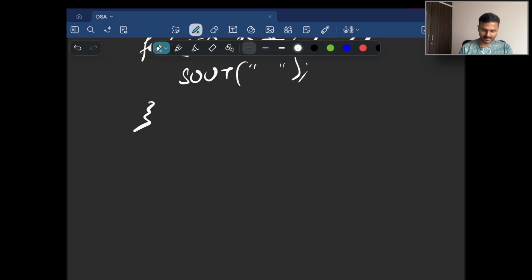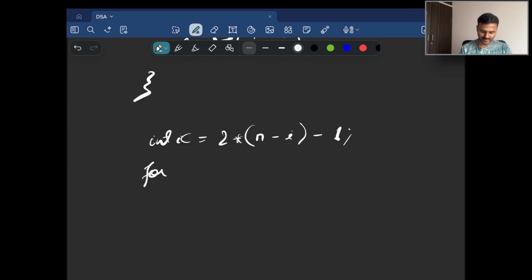And the number of iterations required can be determined by this. It would be 2 multiplied by n minus I minus 1, right? And for now, let's just put the variable as iteration count, which is IC. And what we are going to do next is take a variable, say j, start that from 0, and go all the way up to IC, right?